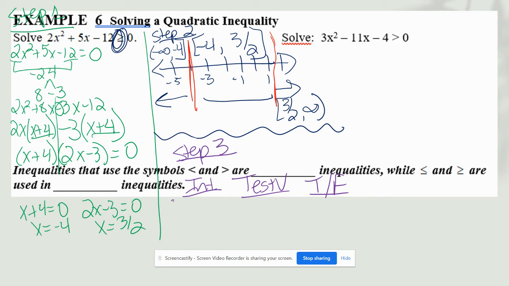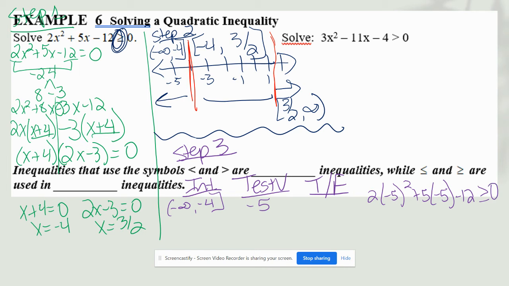Our first interval then is -infinity to -4. Again, pick any test value you want between those. I'm going to pick -5. We plug that into the original equation, which in this case will be 2 times -5 squared plus 5 times -5 minus 12.